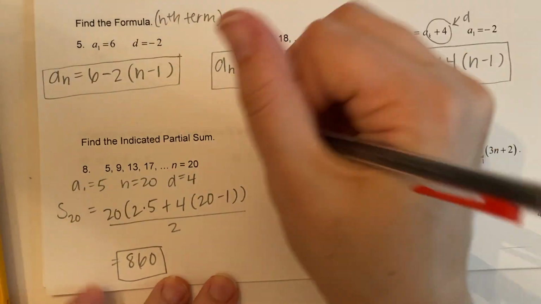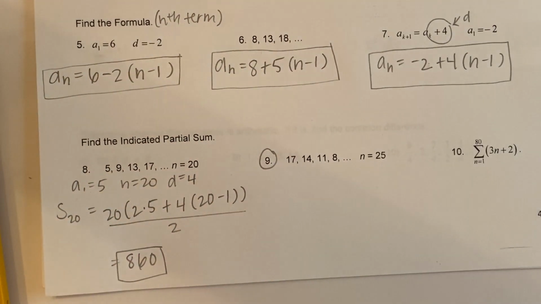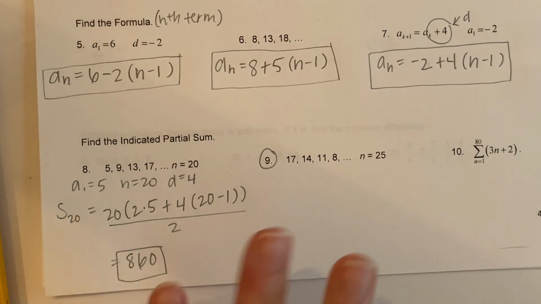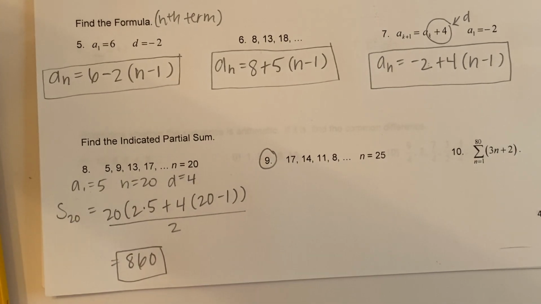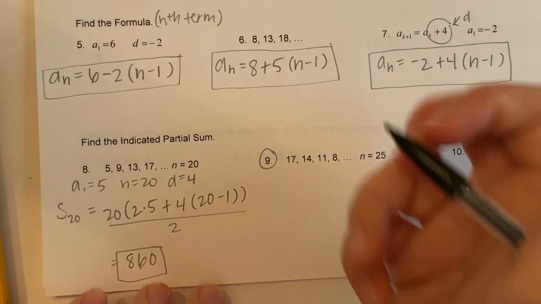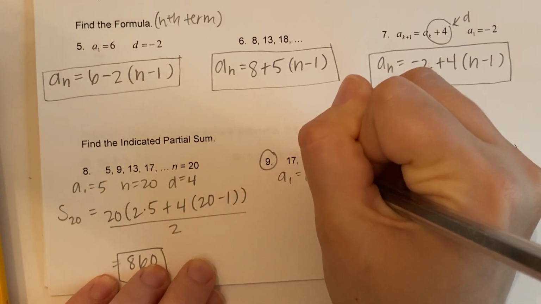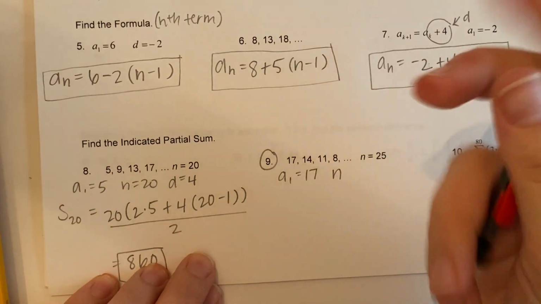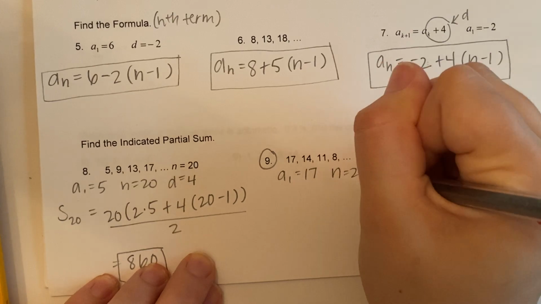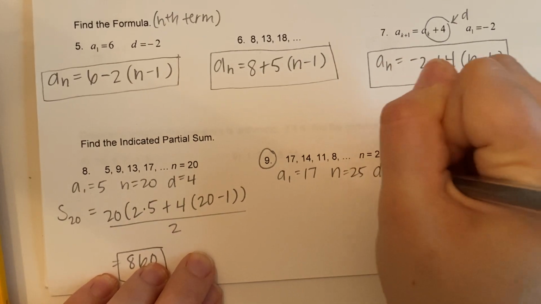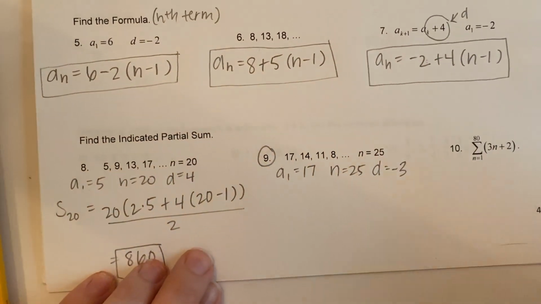Y'all try number 9. Do the same thing for number 9. I'll wait. Go ahead, pause the video. Try number 9. Welcome back. So you knew that a sub 1 was 17, n was 25, and then you had to figure out that d was minus 3.